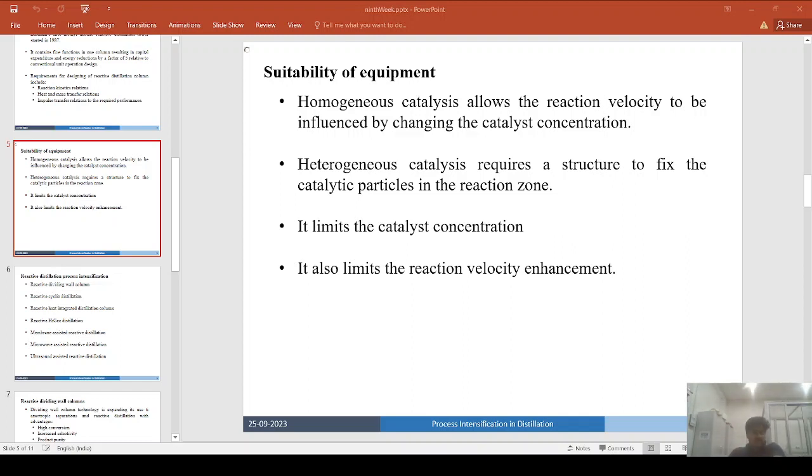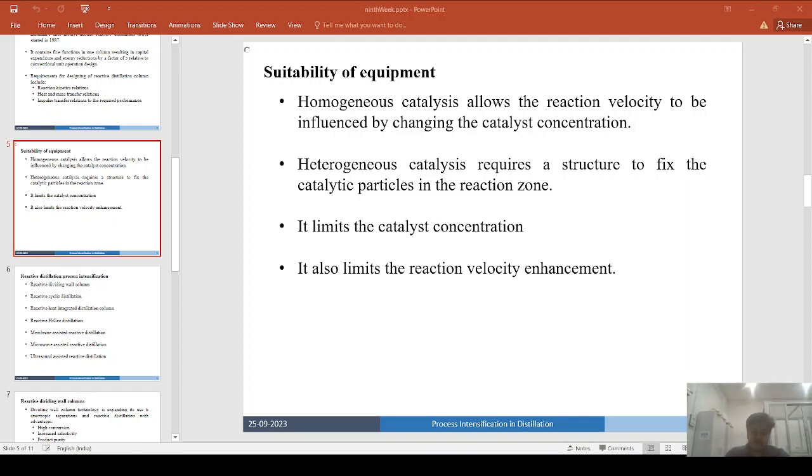Now coming to the suitability of equipment, not the stability.